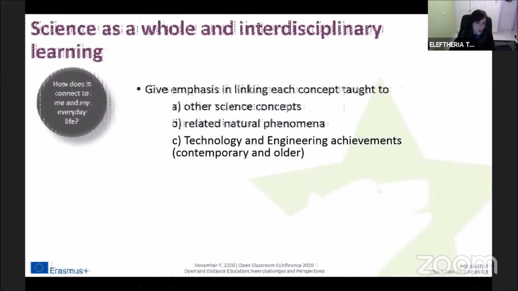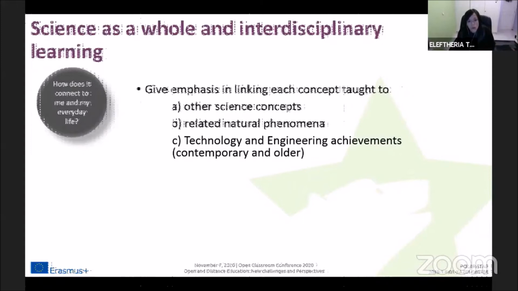Science concepts and science ideas are deployed by engineers, and they're used in engineering to solve problems. And we make use of these concepts and phenomena also to produce technological achievements.